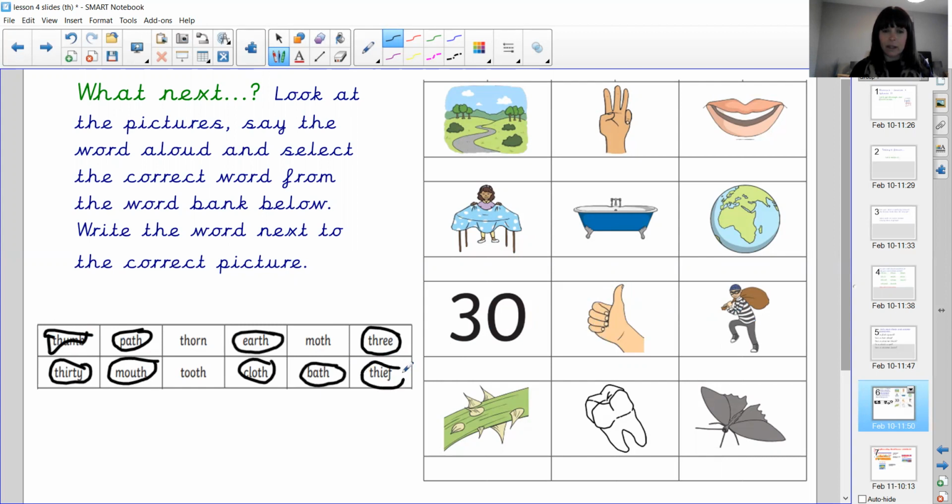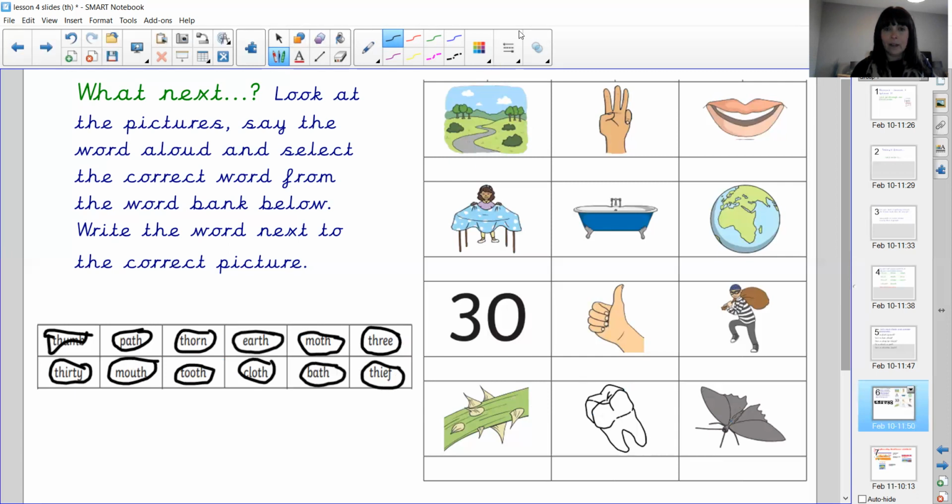That's how we expect a thief to look. And then we've got thorn. So we can hear the sound at the beginning. Next, we've got a tooth. Tooth. And so that must mean that the last one, this one here, is a moth. Okay, hope you did well with that one.